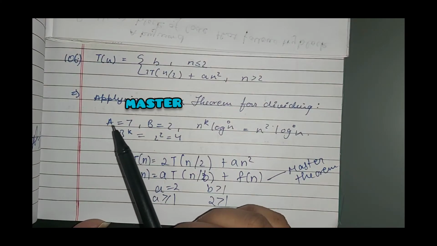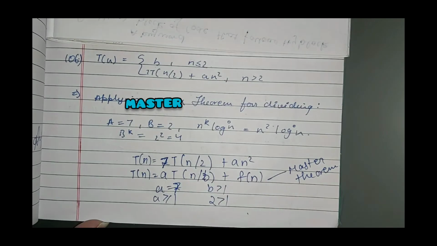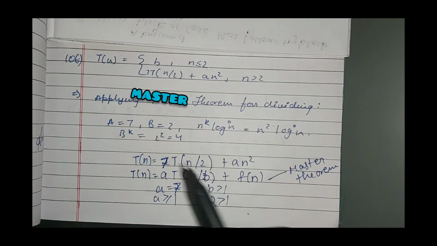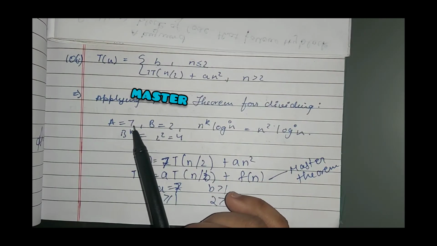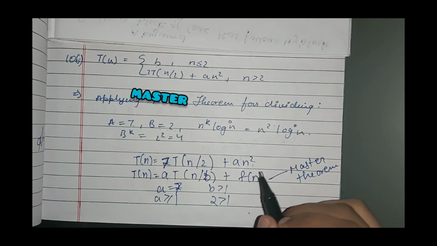So firstly we'll write down the values that we are given. We are given a is equal to 7, sorry, it's 7, so 7 is greater than or equal to 1. So we are given a is equal to 7, b is equal to 2 and the function that is n square.